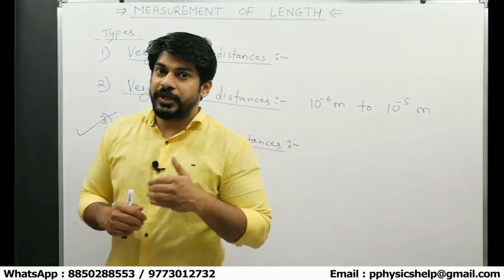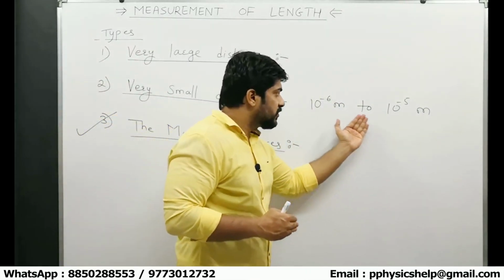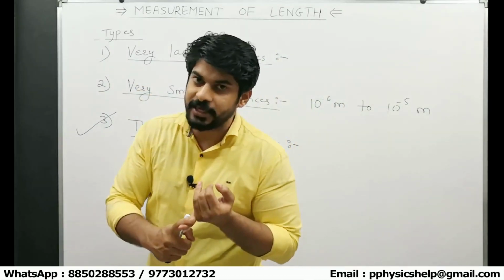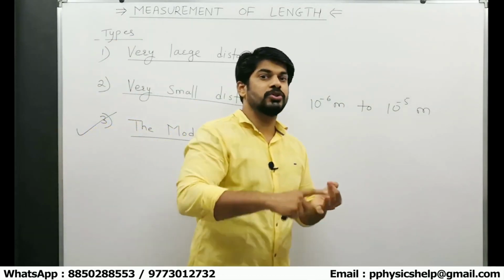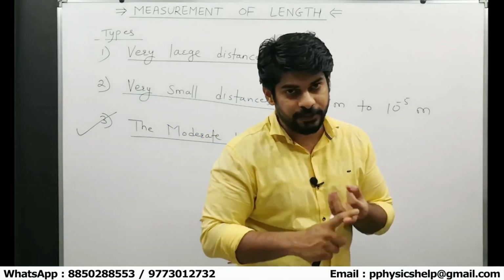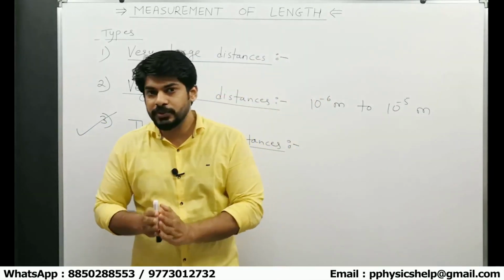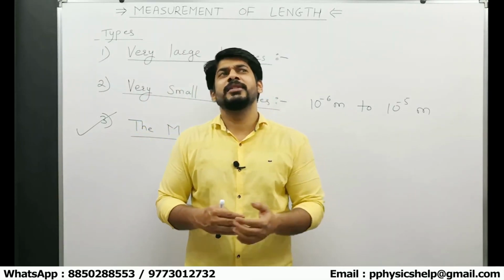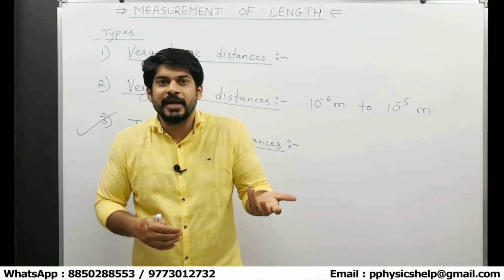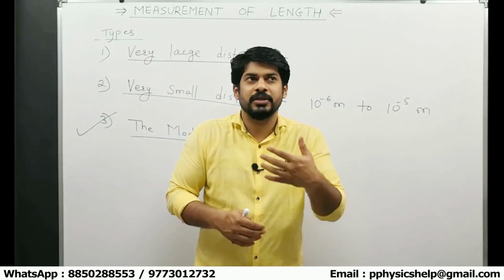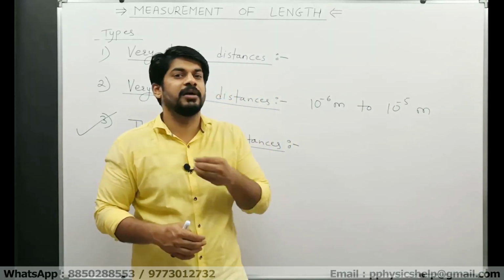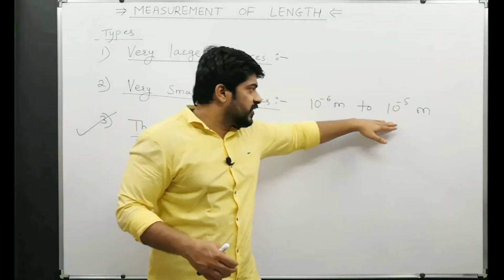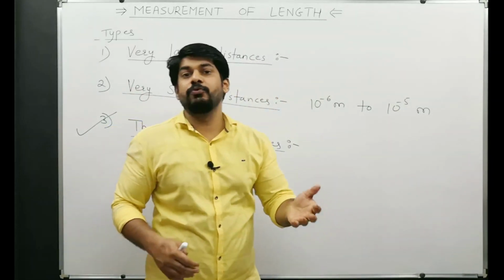We can measure these small distances using instruments like the vernier caliper, the micrometer screw gauge and the traveling microscope. Each of these instruments operates on a different principle, but they are not that difficult to operate, they are very easy. So for such distances we can use these equipments.